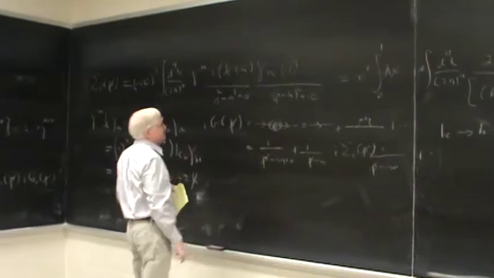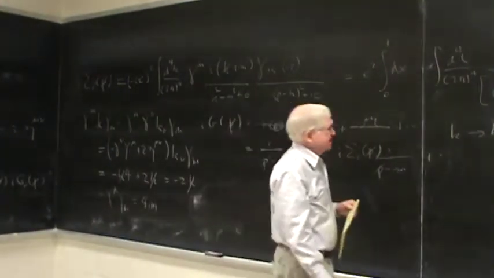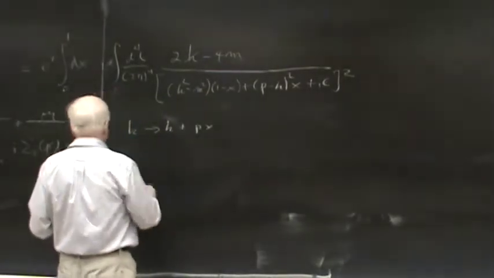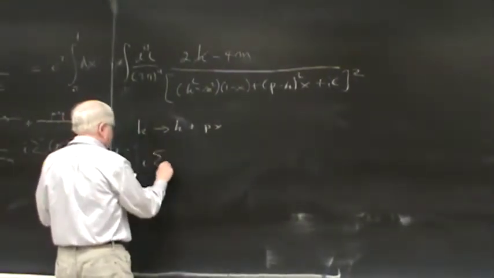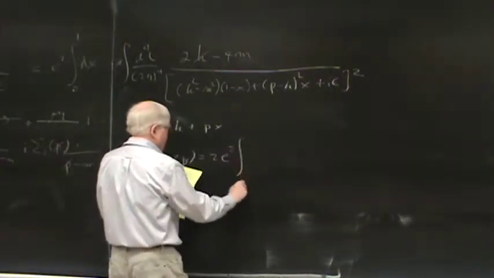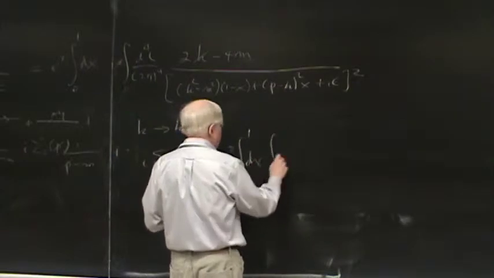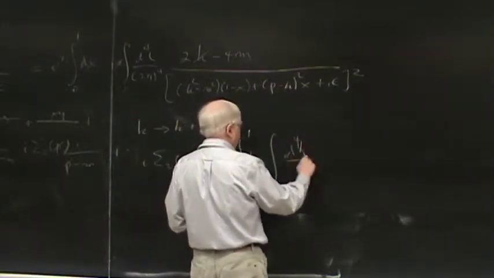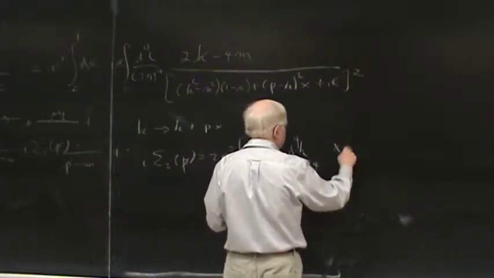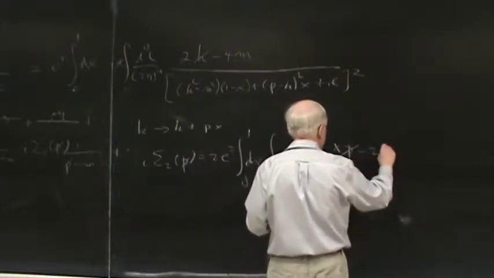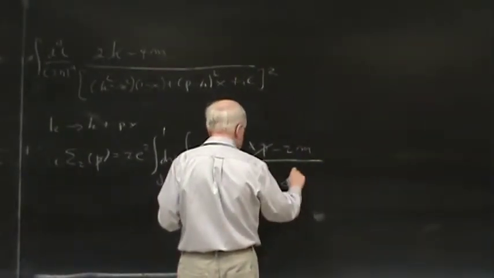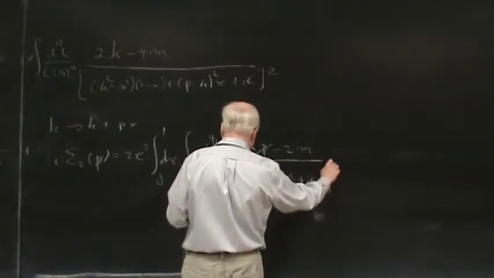But the k, it turns out, especially after you make the shift, looks like this. i sigma 2 of p-slash is 2e squared, 0 to 1 dx, d^4k over (2 pi)^4, and then x p-slash, so this is after the shift, minus 2m over (k squared minus delta plus i epsilon) squared.